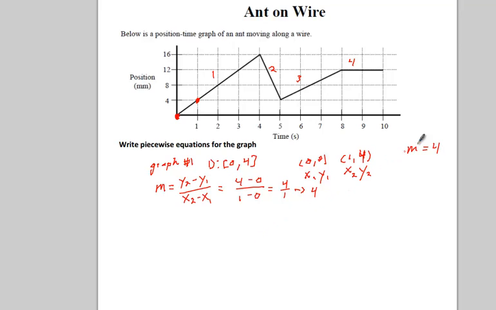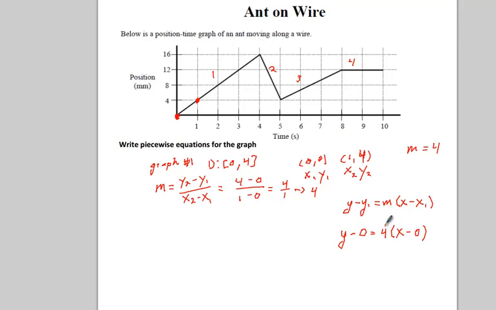The other thing that we're going to need to use is this wonderful formula called point slope form. Remember, that is y minus y1 equals m times x minus x sub 1. On all of these, you want to pick one point, the easiest one you can think of. If you have 0, 0, always use 0, 0, because that's the easiest one. So my y1 was 0 equals my slope of 4 times x minus 0.